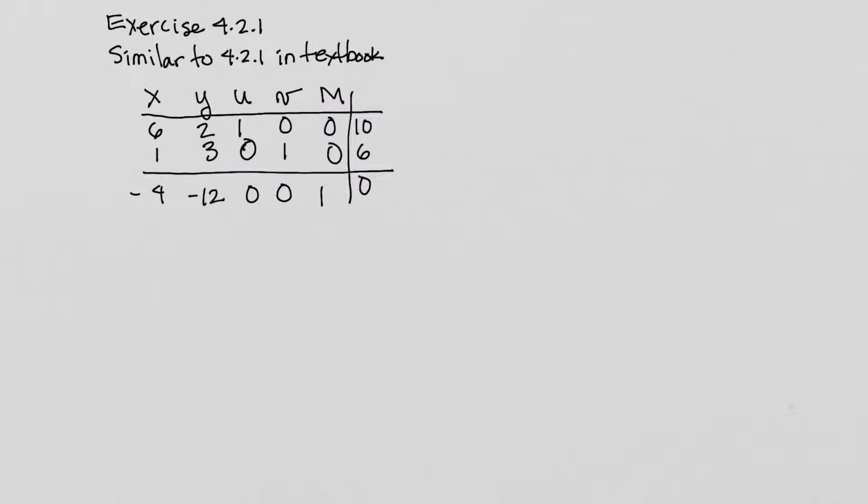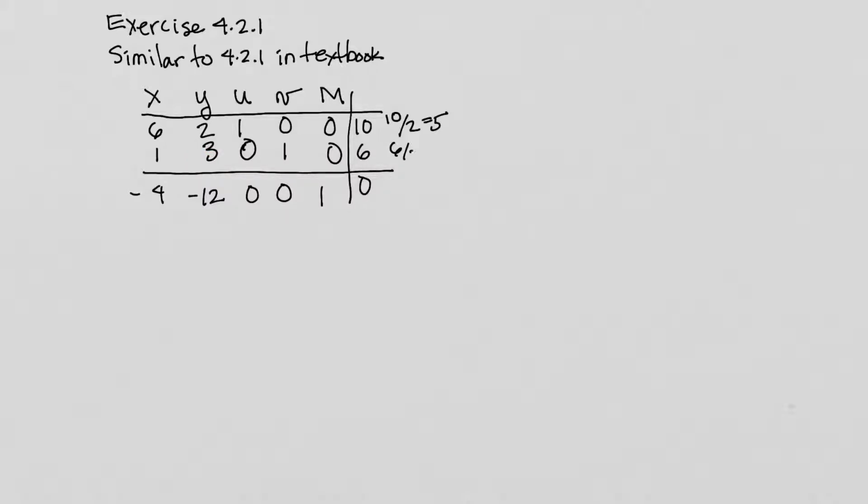And then to determine which row, this row or this row, we're going to take these quotients. We're going to divide this 10 by this number 2, the number in the pivot column. And 10 divided by 2, that's a 5. And then we're going to take this 6 and divide it by that number in the pivot column, which is 3.